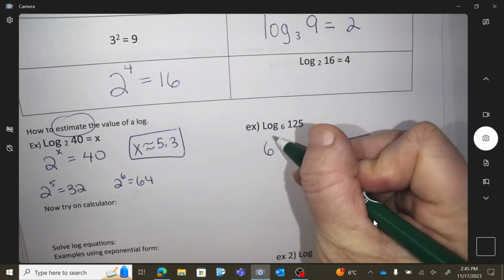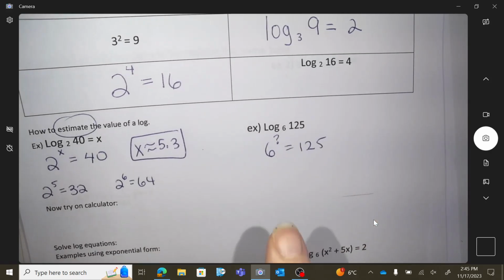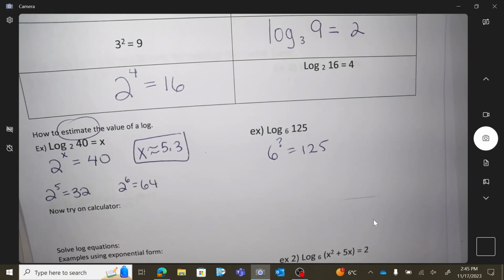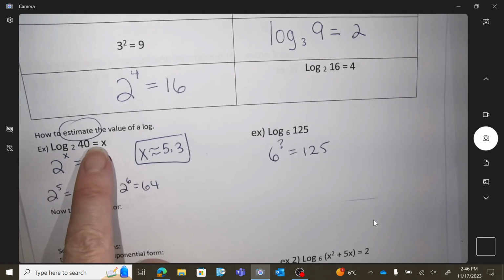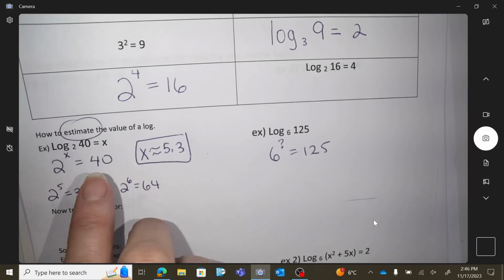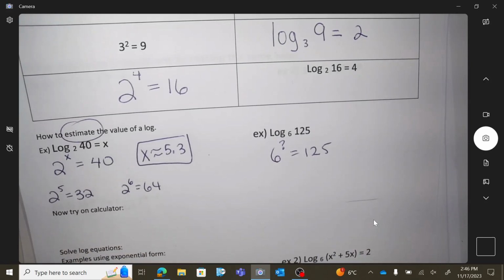Okay, next one. I want you to notice something. The previous one was an equation, it said I want to figure out what x equals, but this one isn't that. So I'm just going to put a question mark up there.